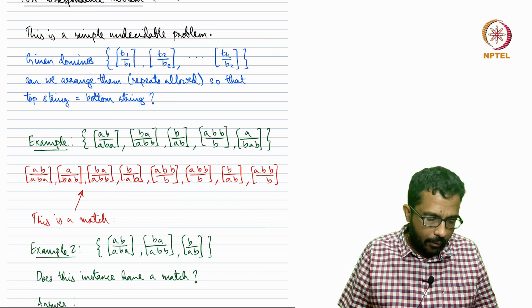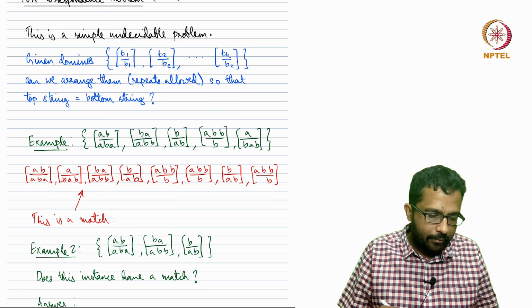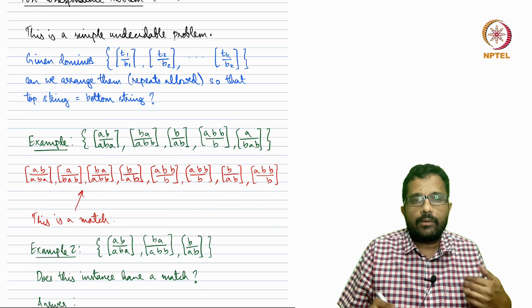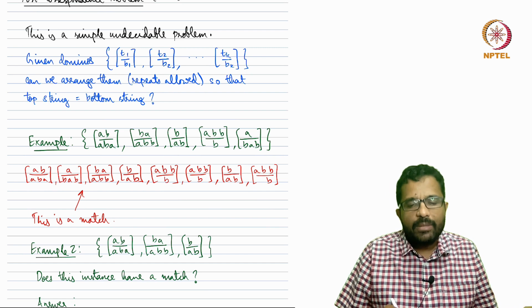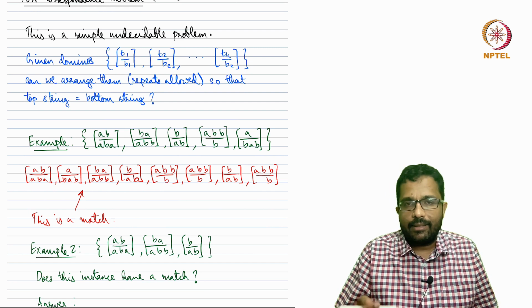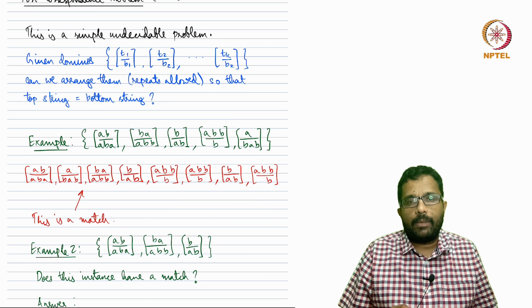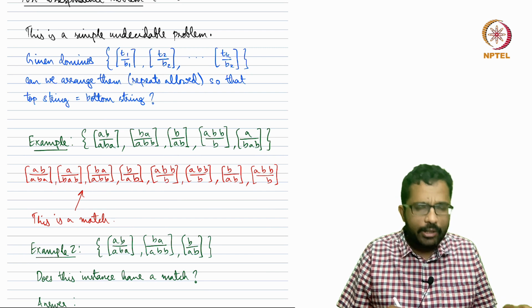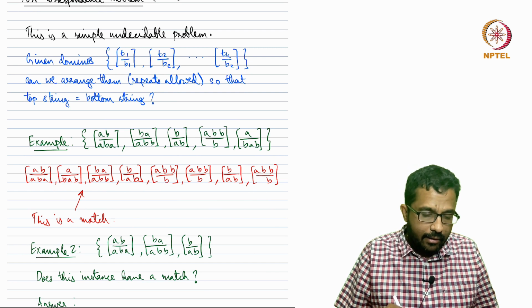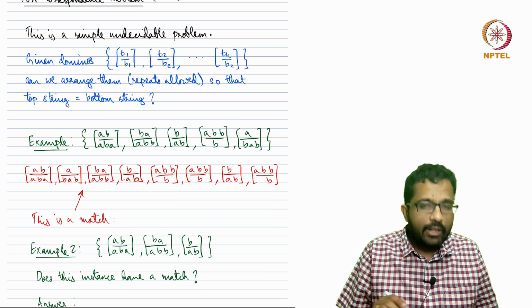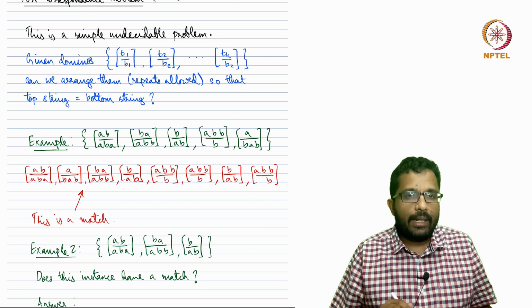And then obviously, we could say the top and bottom strings match if we choose nothing, like an empty match. The empty match is not usually allowed, because that would make every instance have a match, right? So the only 2 rules are: we don't need to use all the dominoes, and we can use each domino as many times as we want.